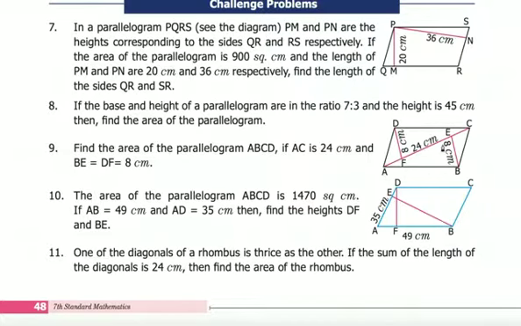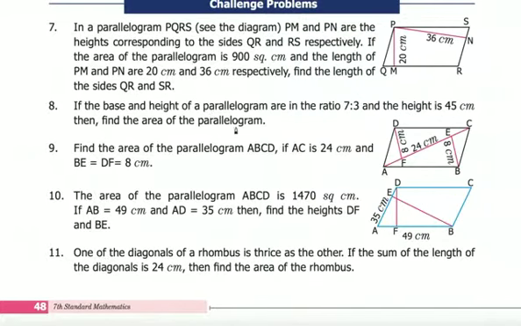So let's solve this problem alone. Where is it? There is no figure indication also. If the base and height of the parallelogram are in the ratio 7:3 and the height is 45 cm, then find the area of the parallelogram. Now where is this figure? Find the area of the parallelogram ABCD if AC is 24, yes, this figure corresponds to this problem.